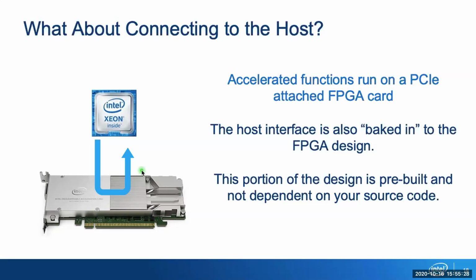Since then, you can profile your code, find the critical sections or bottlenecks, and write a kernel for them. Then you accelerate functions. These accelerated functions run on a PCI-attached FPGA card. The host interface is also baked into the FPGA design on the board.